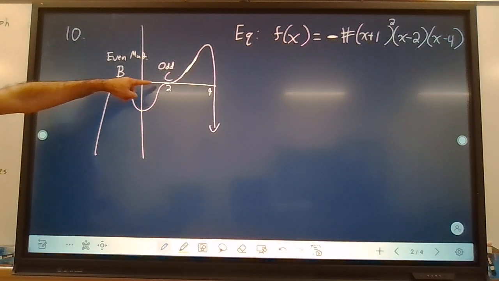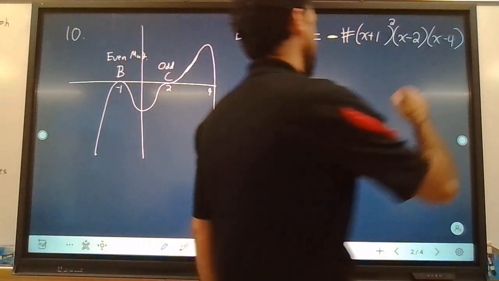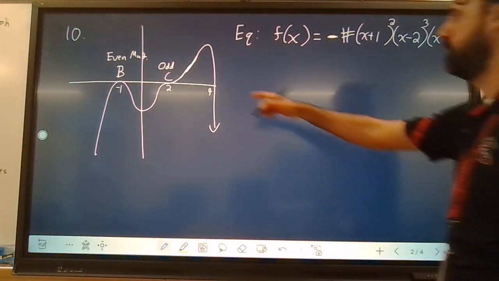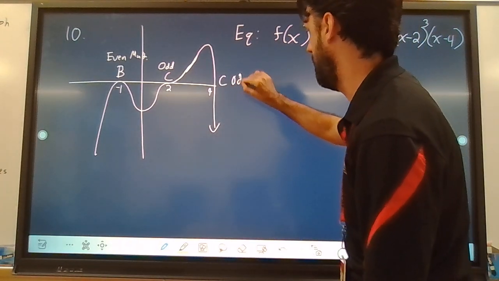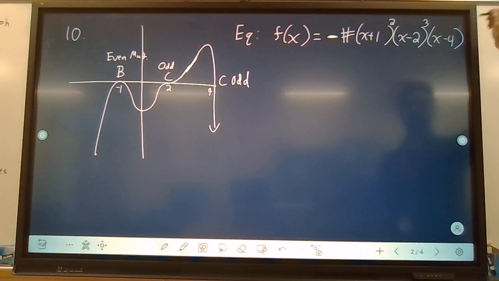It sort of goes sideways, so it's probably not to the first. I'm going to put to the third, but anything odd would be acceptable. And then at 4, the graph crosses. Again, it's going to have an odd multiplicity, something like to the first or the third or the fifth.